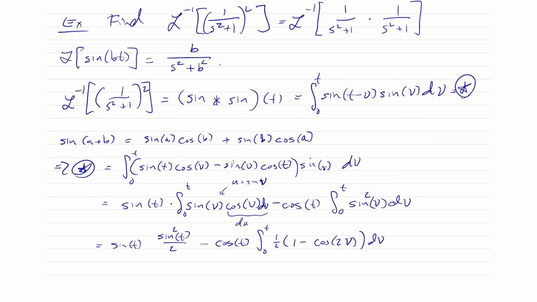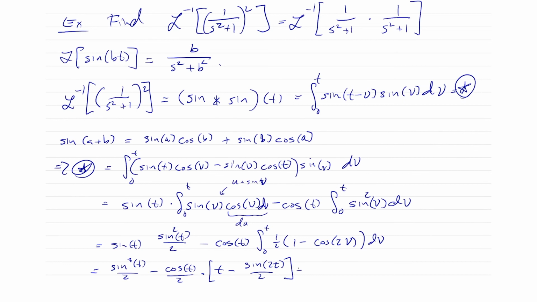Yep, looks right. And so now we're left with sine cubed of t over 2 minus cosine of t, and then over 2 times what we get: t minus sine of 2t over 2. So this would be what you get when you have t here, and when you subtract off what you get at 0, both t and sine of t are 0.